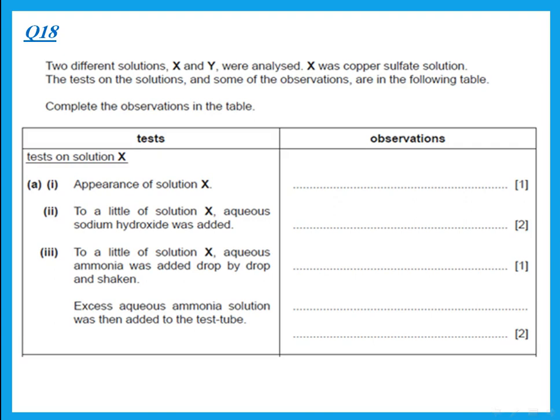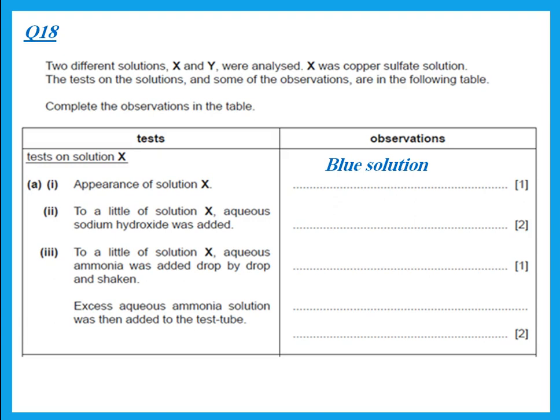This next question says two different solutions, X and Y, were analyzed, and he's telling me that X is copper sulfate solution. So what would be the appearance of solution X? You should know that copper sulfate solution is a blue solution. To a little of solution X, aqueous sodium hydroxide was added.